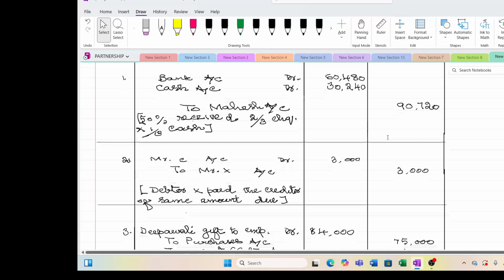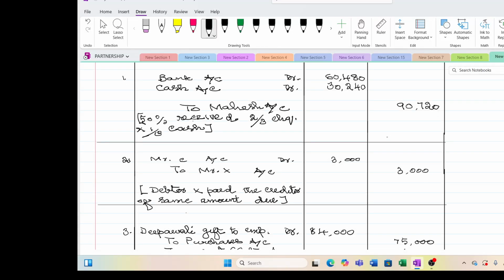X is a debtor for Mr. Dutt. So he is on the debit side. So we have to collect money from X. And money has to be paid to Mr. C. So he is a creditor.